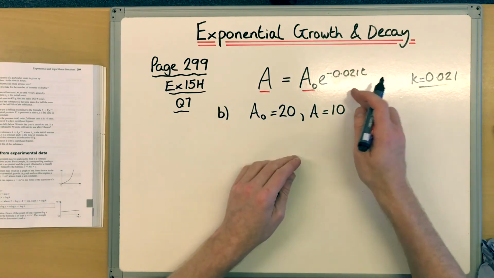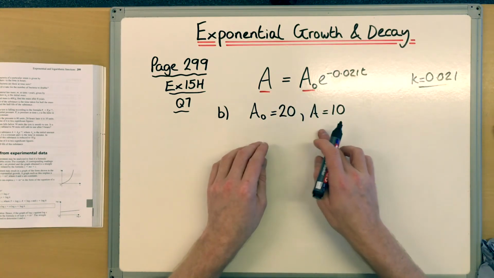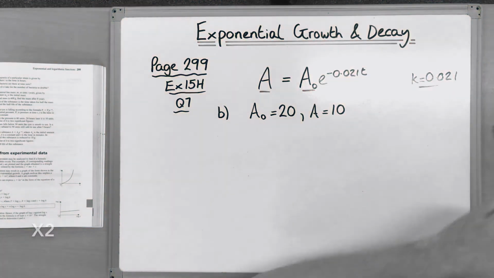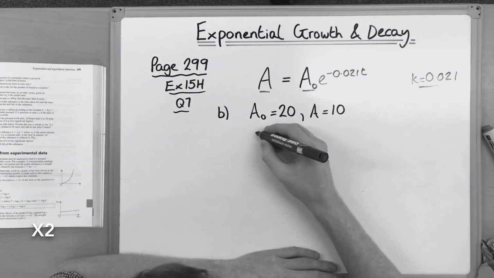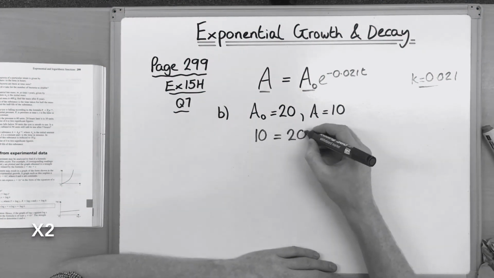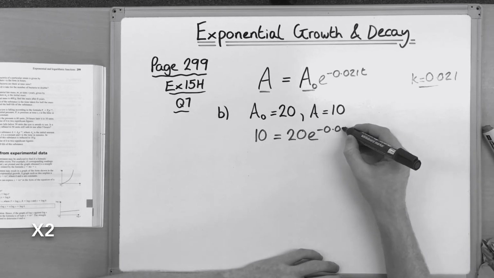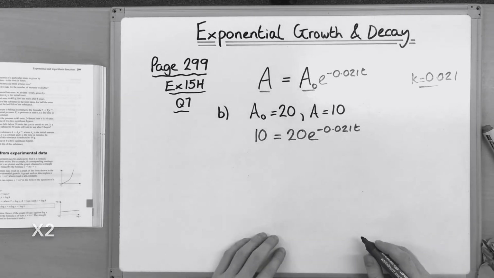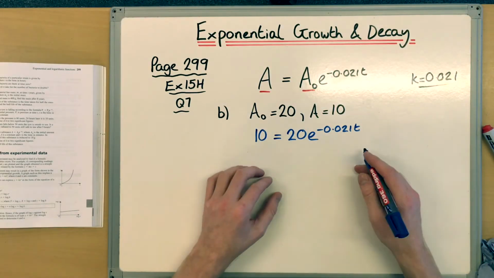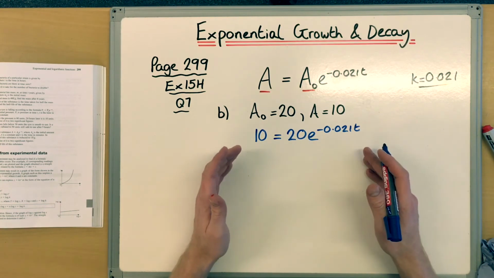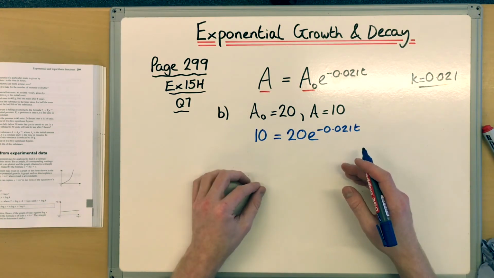Okay, so now I'm going to rewrite this equation substituting these two values in. Okay, and the next step is going to be solving an equation. It is going to be exactly the same steps as part A.